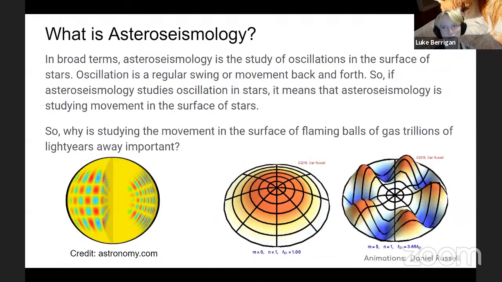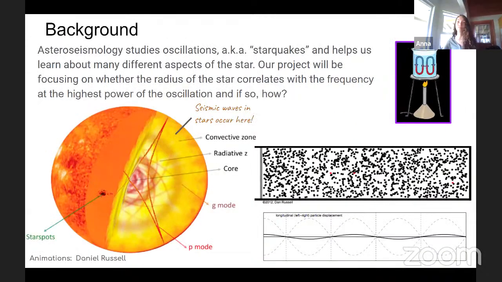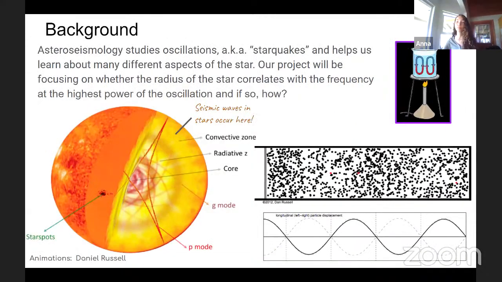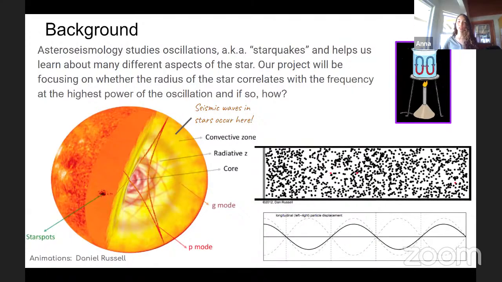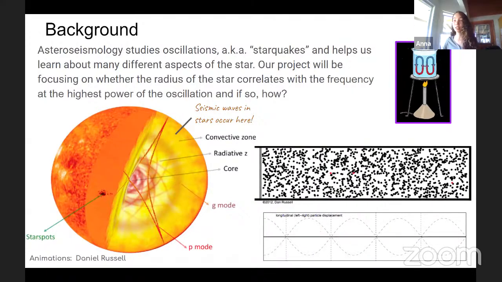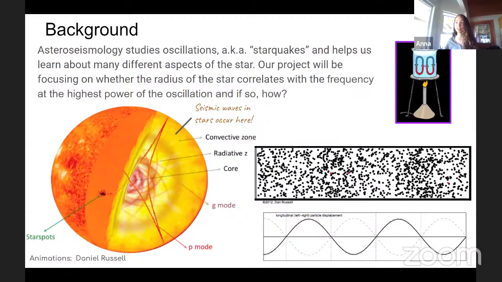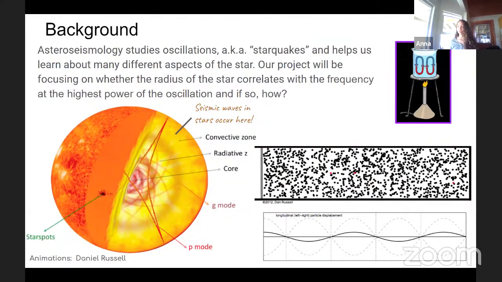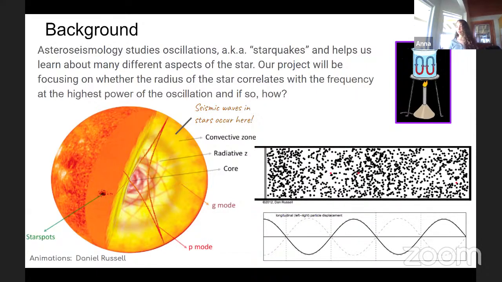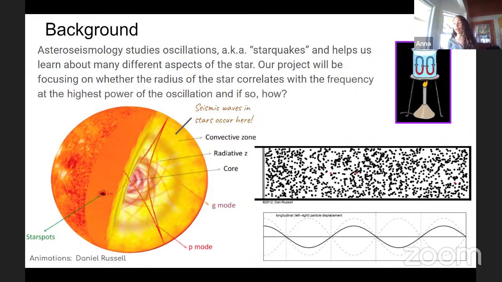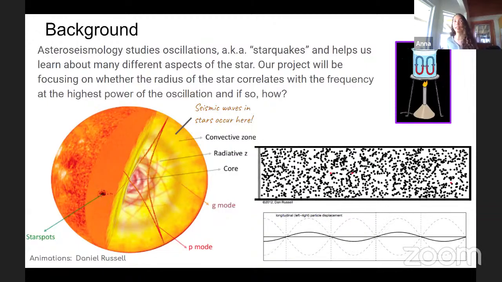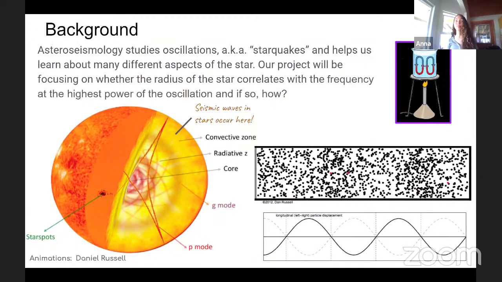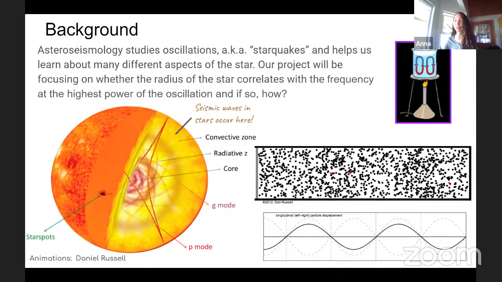Next slide. So astroseismology studies oscillations, aka starquakes, and helps us learn about many different aspects of the star. Some of these include the rotation period of the star and how fast it's moving, and the age of the star.